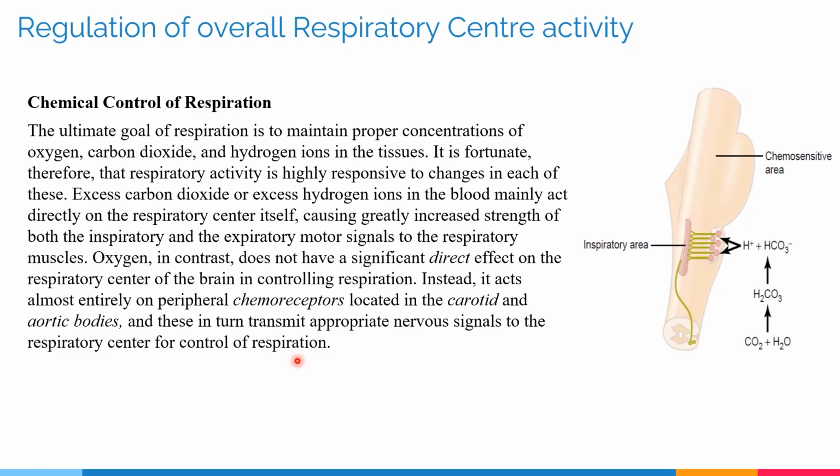Whereas in case of oxygen, the changes are detected at the level of peripheral chemoreceptors, which then signal to the respiratory center. Thus, the sensing of the changes in oxygen concentration is indirect in this case.